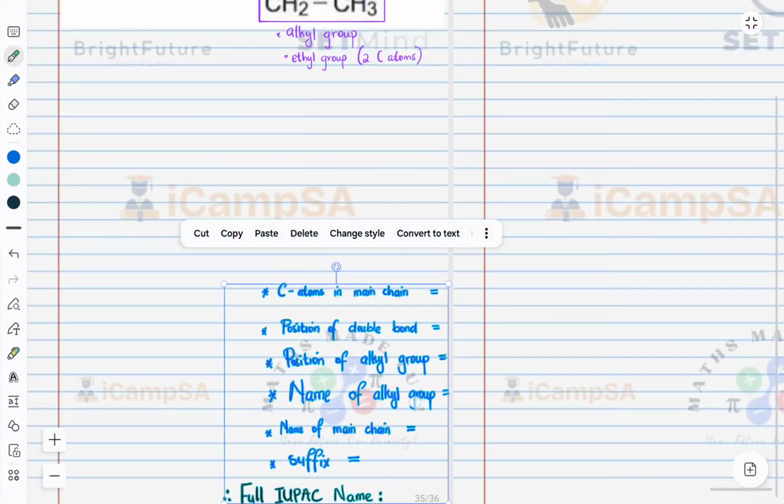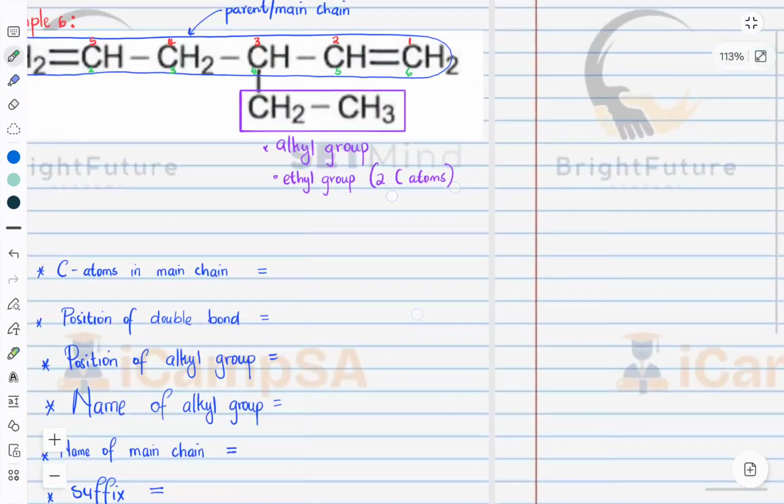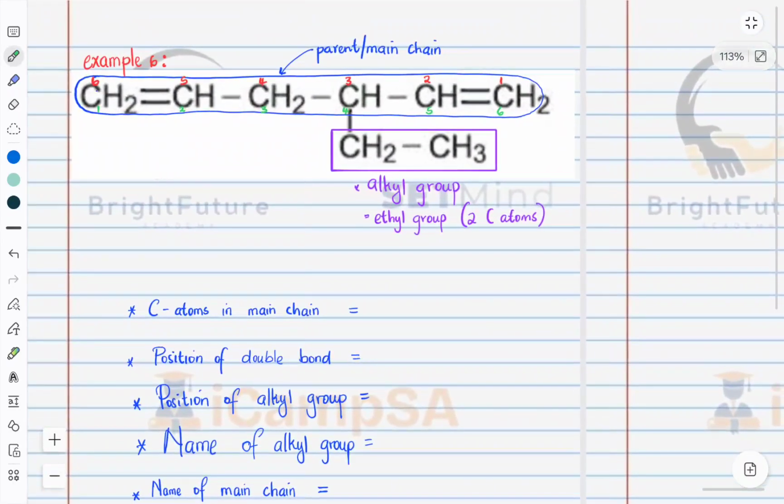Let's do this. Because when I count from left to right, my first double bond is on the first carbon atom, and then my other double bond is on the fifth carbon atom. Same thing when I count from right to left, my first double bond is on my first carbon atom, and then my last double bond is on the fifth carbon atom. So it doesn't matter here really.